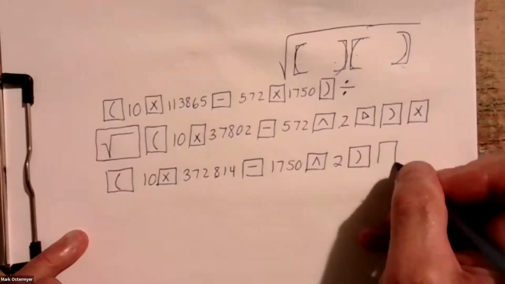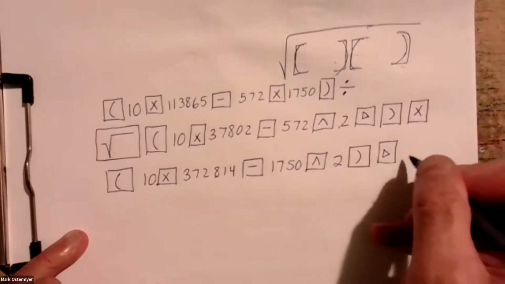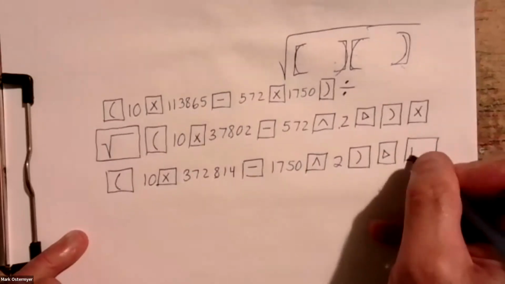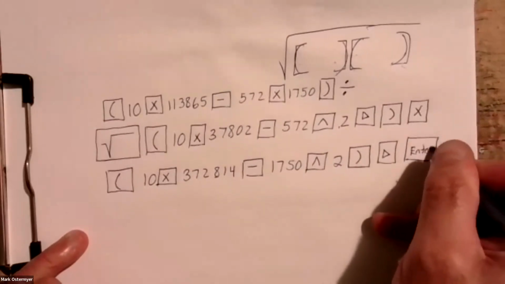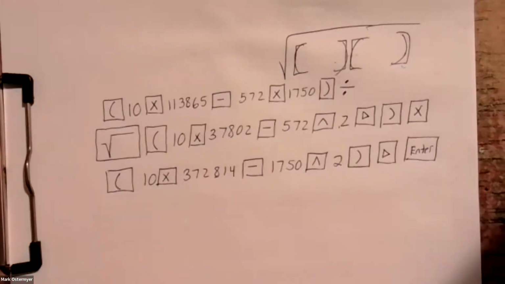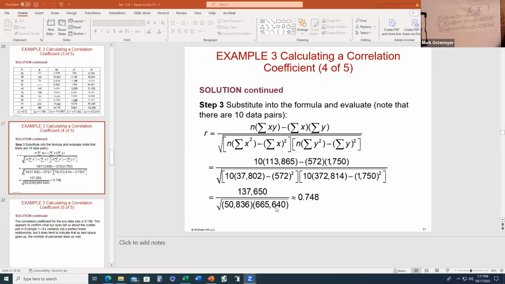You can hit your right arrow key to exit out from underneath the square root and then just hit enter. There you go. There's all the keystrokes, literally keystroke per keystroke. I left nothing out. And that will enable you to compute the correlation coefficient R.